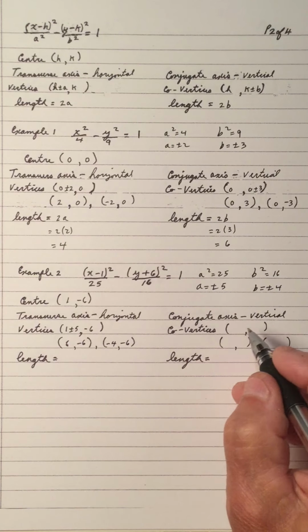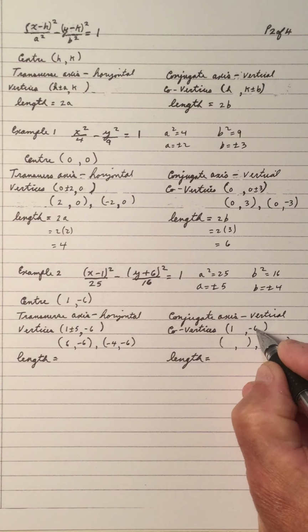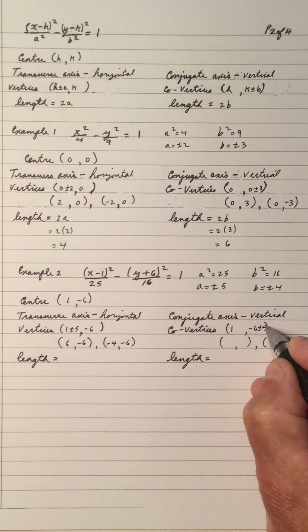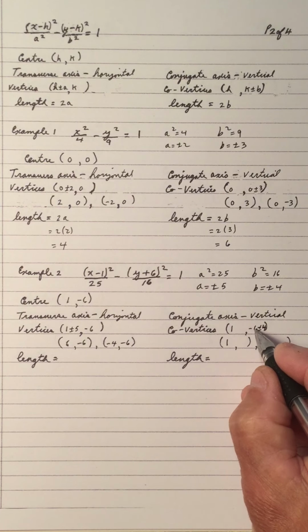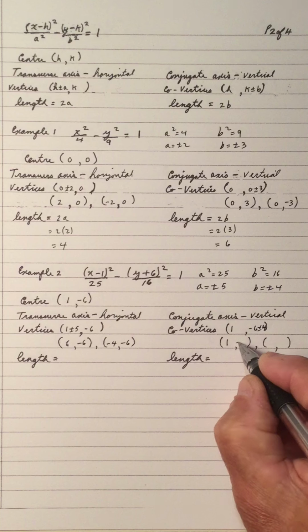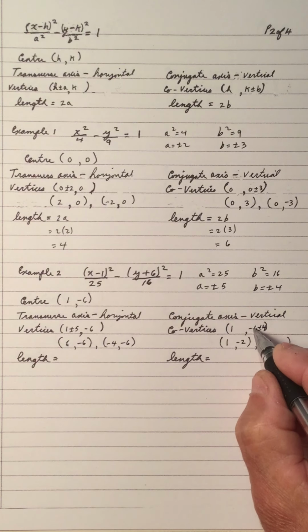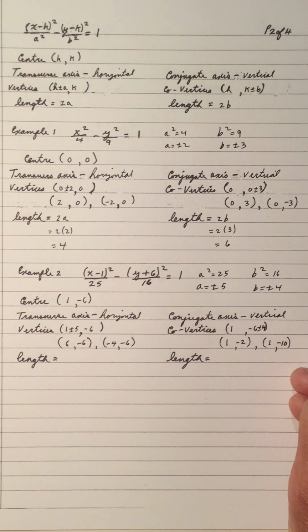The co-vertices are, again, based on the center 1, negative 6. But the values of b are added this time, so it's plus or minus 4. So we get 1, and negative 6 plus 4 is negative 2. And we have a 1 for the x. And we have negative 6 minus 4, which is negative 10.